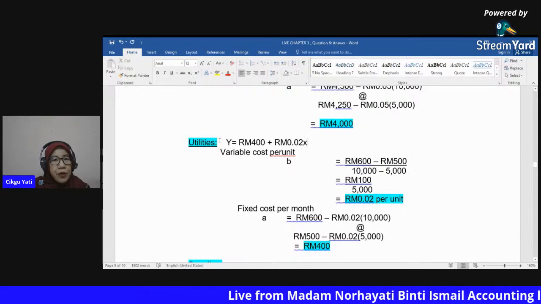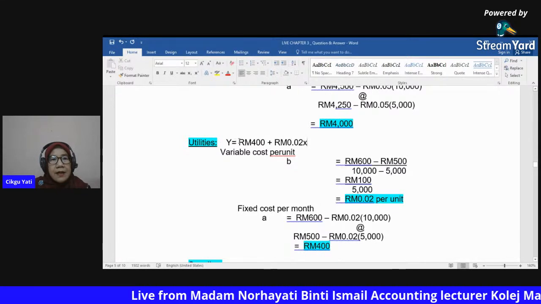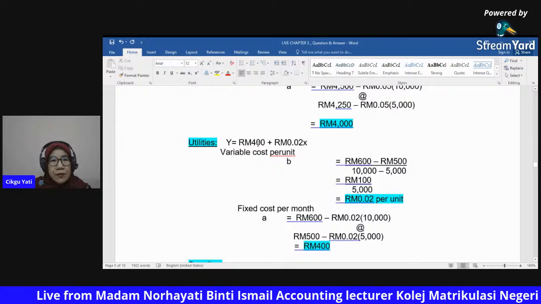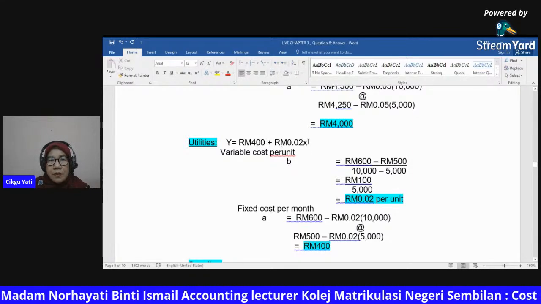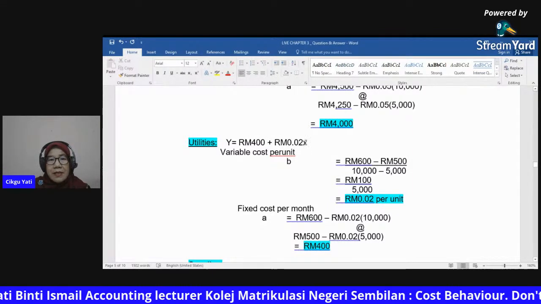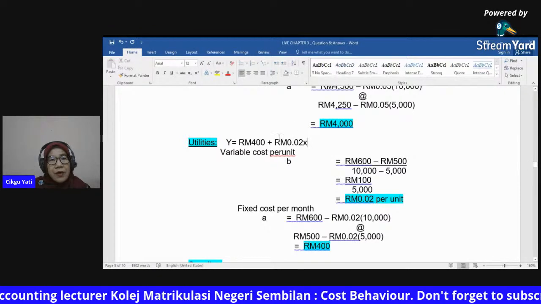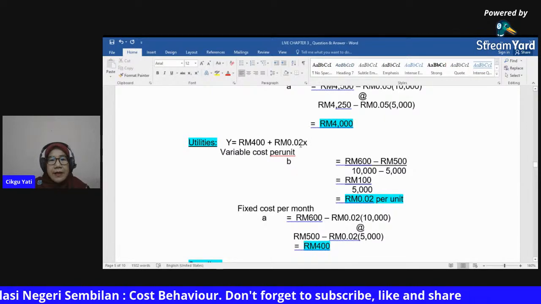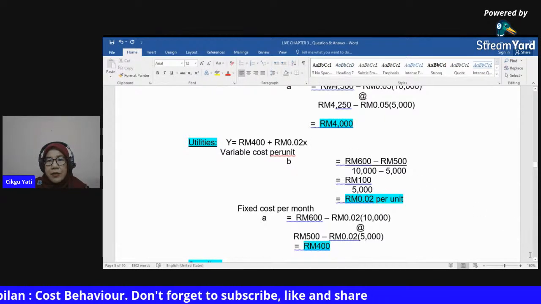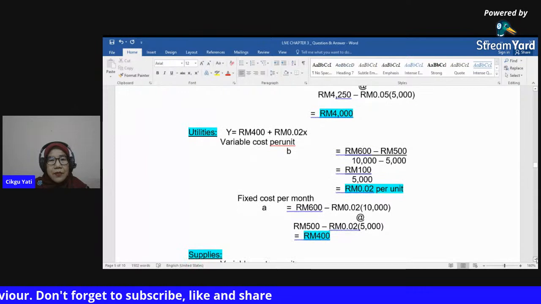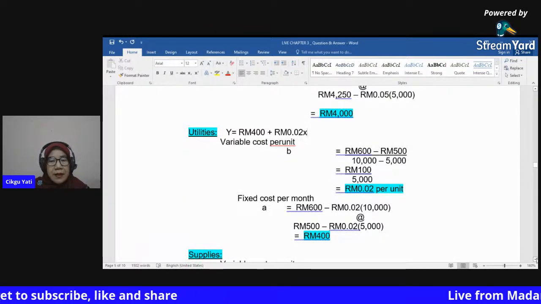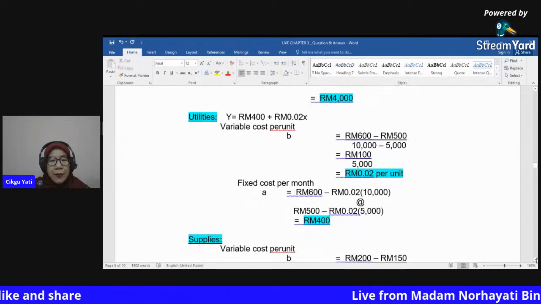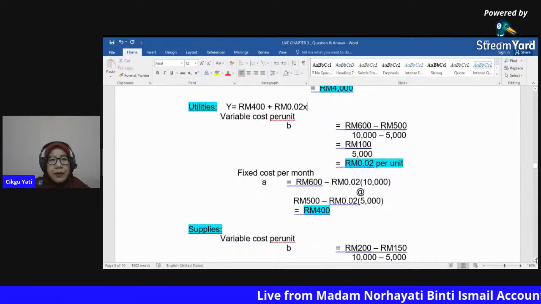You should know cost function. It means that it contains fixed cost and variable cost. If you substitute x with the unit, then you get this one for variable cost. Okay, the next one. I will show you how to segregate supplies into fixed cost and variable cost per unit.